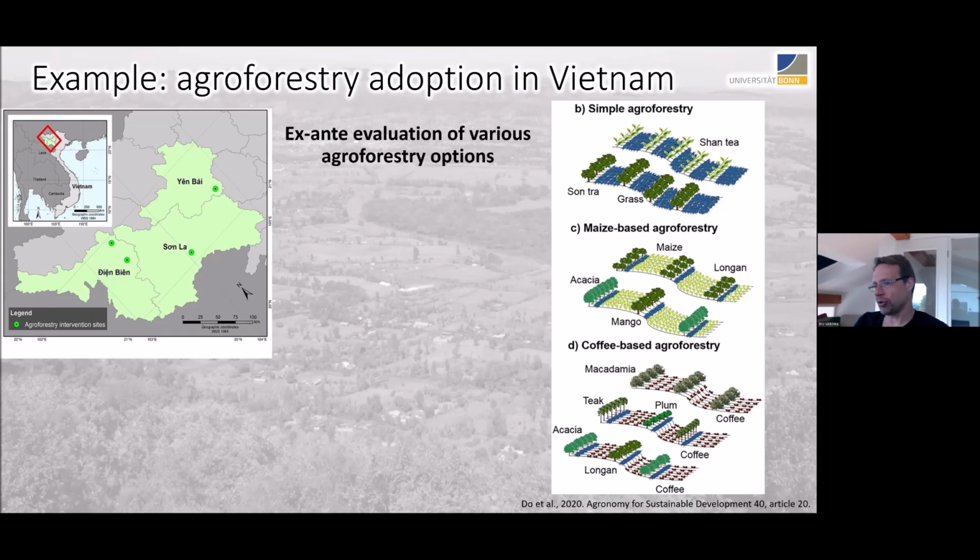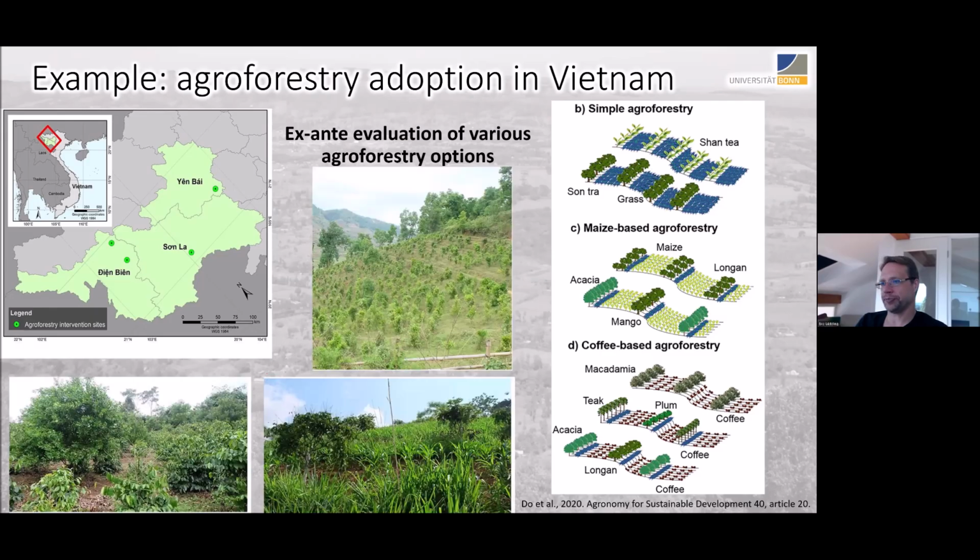So our modeling approach was actually quite useful in this case to give people an idea of how economically viable these systems are. Yeah, so this is what it looks like. There are big benefits to introducing agroforestry here, mainly because of major erosion problems that people have in this landscape.